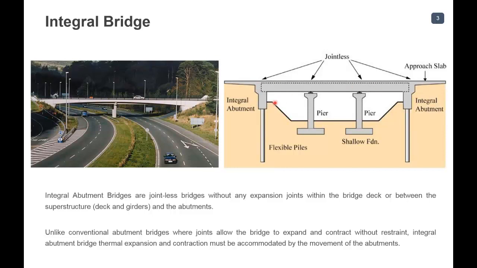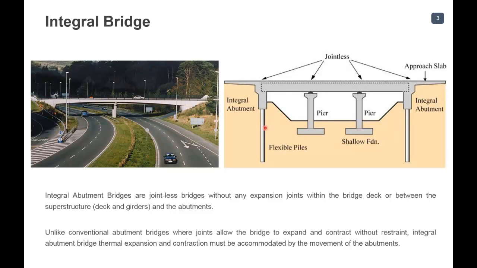You have a monolithic deck, and it can be a multi-span bridge where you have two piers which can be sitting on shallow foundations, and there is a possibility that you can have flexible piles below the abutment.